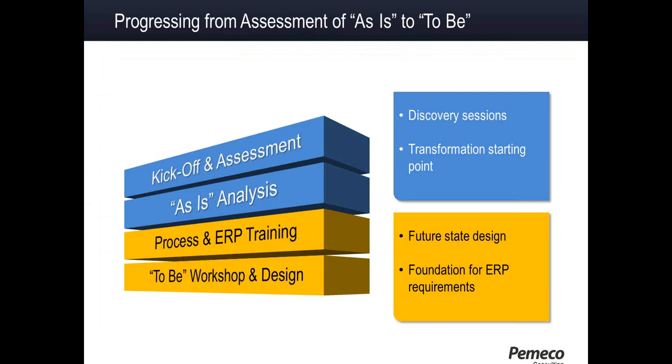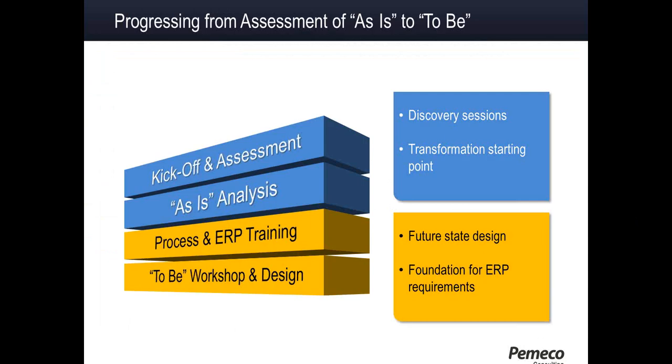There's frequently an ERP training element, or process training that needs to occur. We will assess that as part of the as-is assessment, and we will also help you plan for the future state design, which will provide the foundation for our ERP selection process.